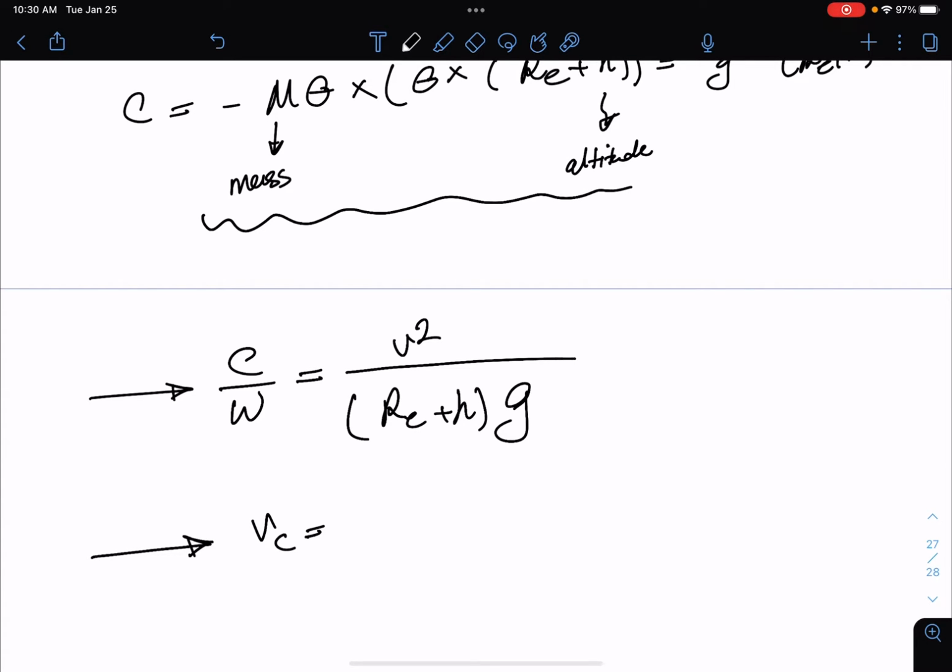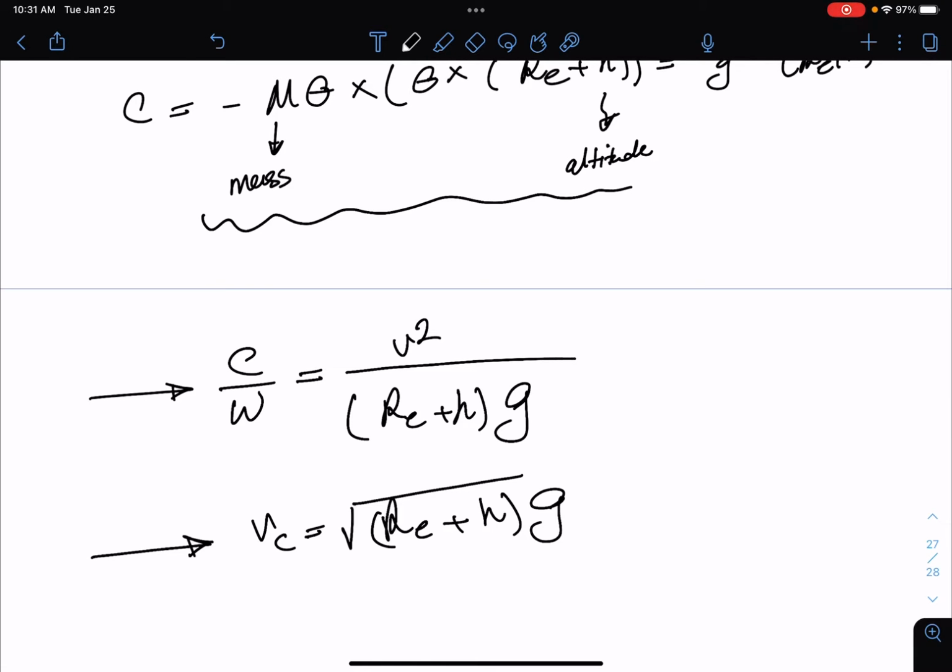The centrifugal velocity is going to be equal to RE plus H, multiplied by G.